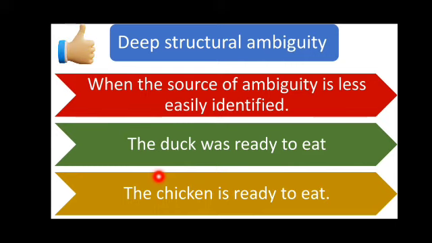So the chicken is ready to eat. Again, here we have a structural ambiguity, and that is an example of deep structural ambiguity. It is not easy to identify which chicken you're talking about.